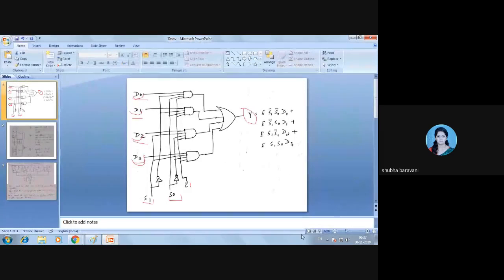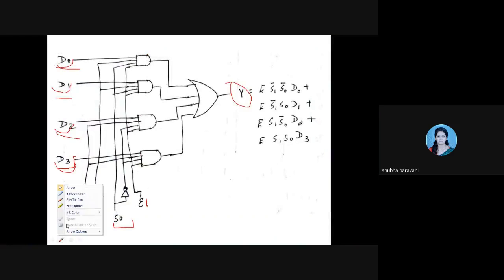Okay, so I'll come back to this. See, here what I said, S1 and S0 both are 0. Okay, it means I write 0 here. Here also I'll write 0. Okay, so see, this 0 is traveling here. S1 0 is coming here. This one is 0.